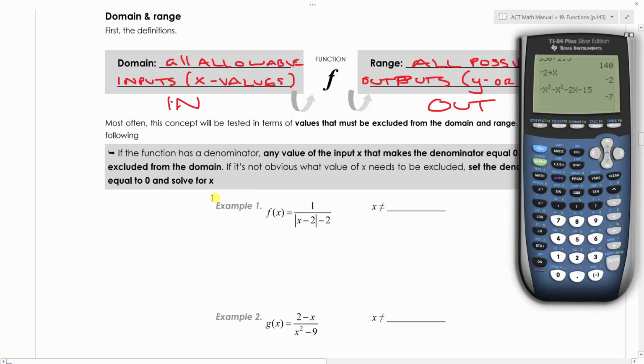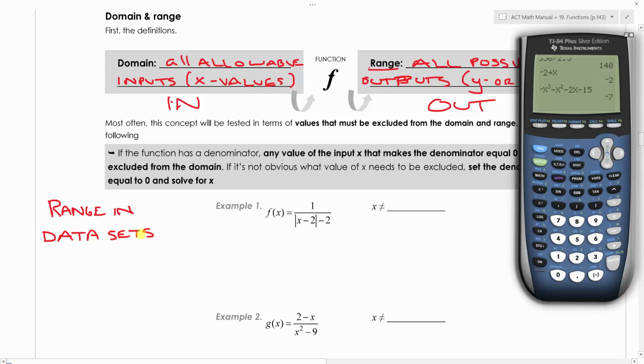Now, keep in mind there is one type of question that I want to differentiate from the term range when it comes to functions. You may also see the term range as it relates to range in data sets.